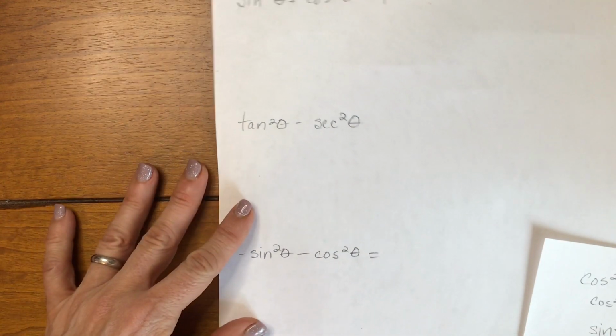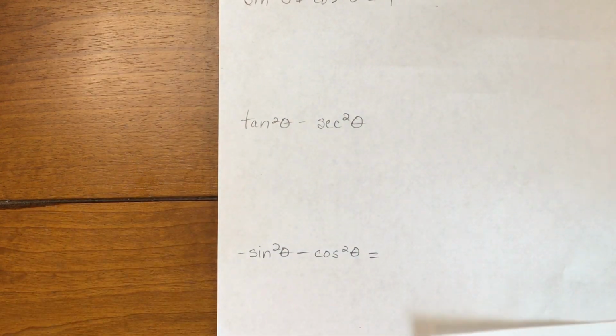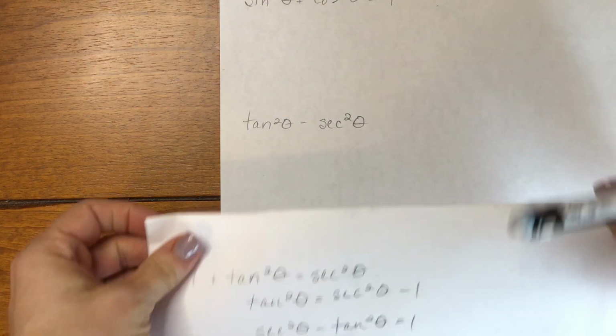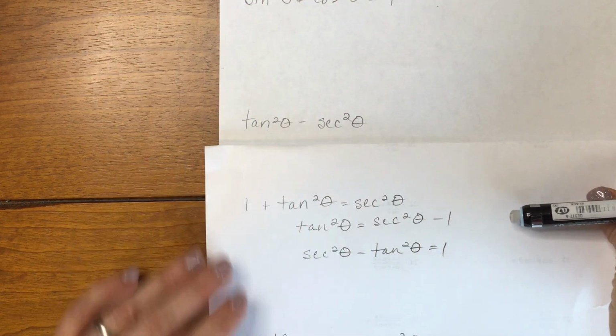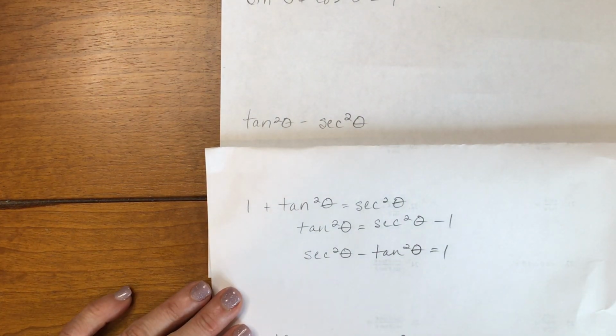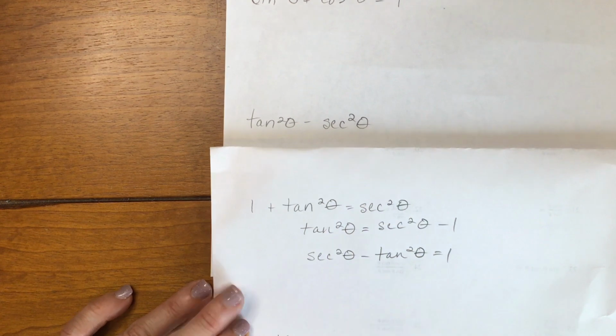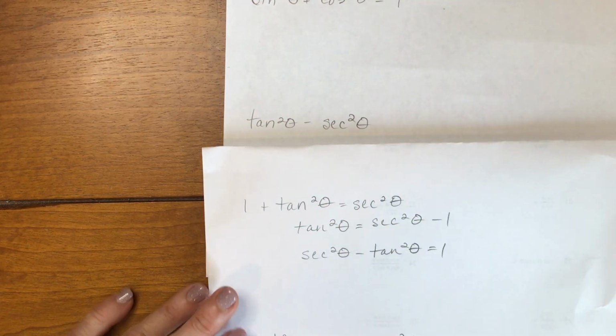Now we have one involving tangent and secant squared. So if I want to simplify this one, I need to find a Pythagorean identity that uses tangent and secant squared. So we just did that one there. And right now we had secant minus tangent equals 1, but this is the other way around.